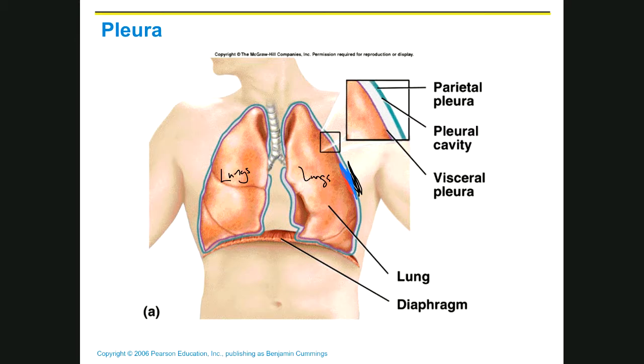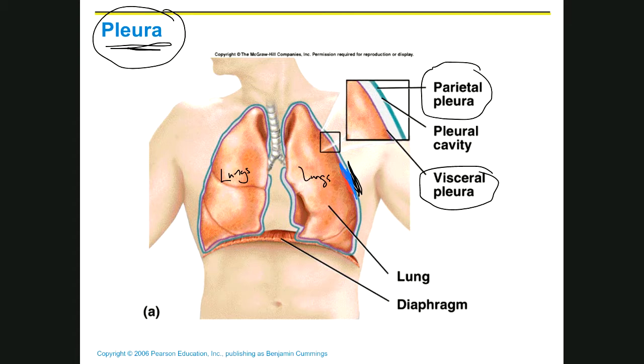But we can't call it pericardia because pericardia means heart. So around the lungs, it's called pleura. So we have a visceral pleura, a parietal pleura, and a pleural cavity. And inside that pleural cavity is serous fluid.